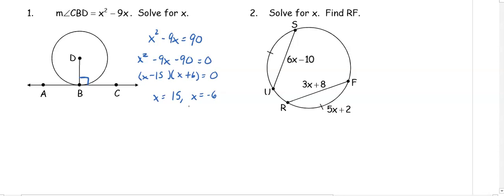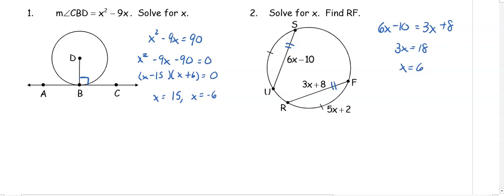In number 2, we have that arc SU is congruent to arc FR. So because those arcs are congruent, we know that the chords are also congruent, so we can set them equal to each other. 6x minus 10 is equal to 3x plus 8. So we get 3x equals 18, x is 6.